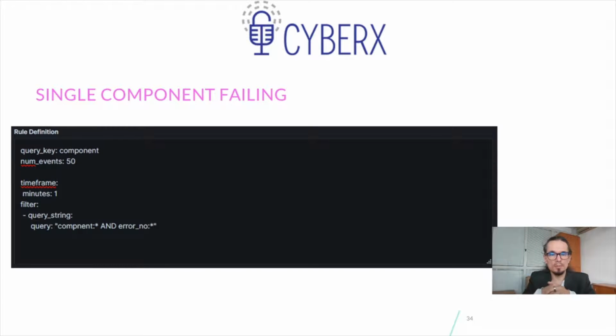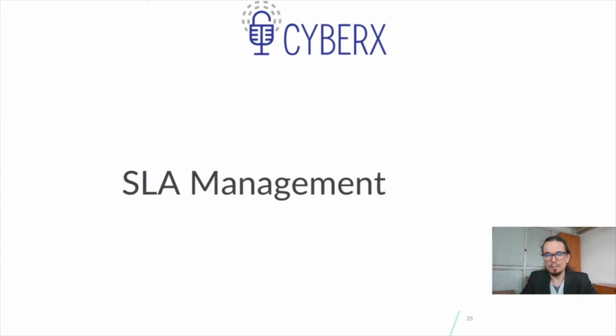We can monitor it by looking at the component that is indicated as failing, so it has the field of error number, and we look at the time frame of 1 minute and group it by component. If a single component has a large number of errors, then we can trigger the alert.